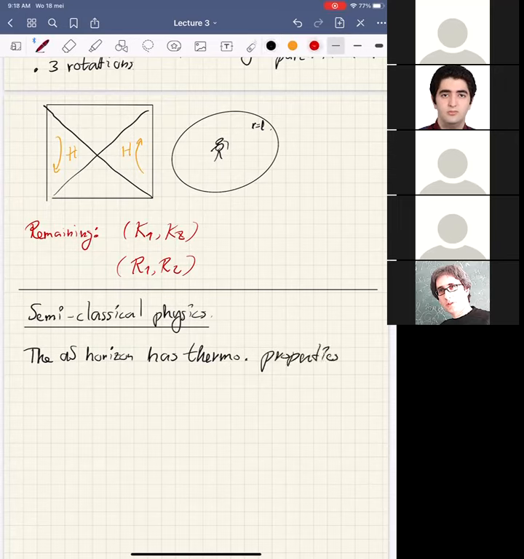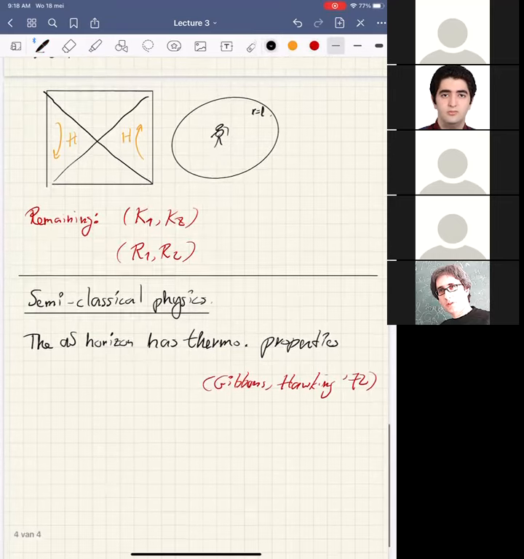This was nicely shown in a paper by Gibbons and Hawking in '77, I think. It was later realized that these thermodynamic properties of horizons are very general. They basically apply to any type of horizon in gravity.